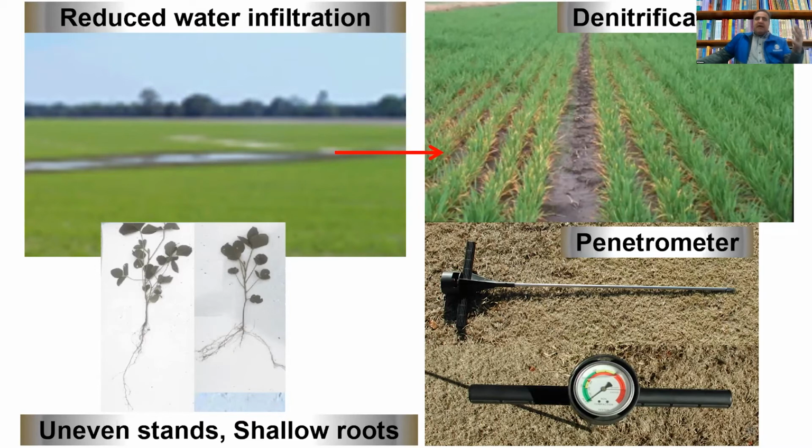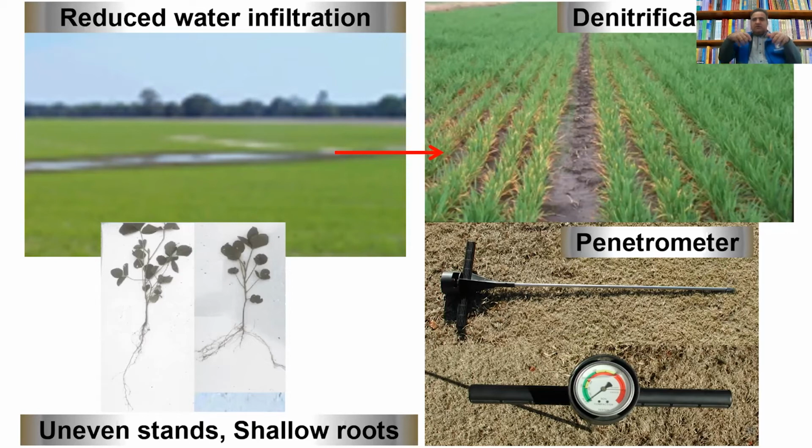And we have a device called a cone penetrometer. With this device, you can quantify and measure the cone index, which represents the soil strength. If you don't have this device, you can take a half-inch rod, sharpen the tip like a cone with a 30-degree angle, and put a handle on top.